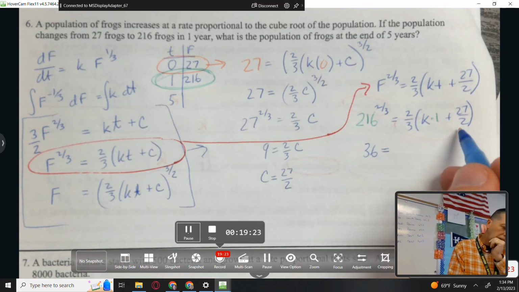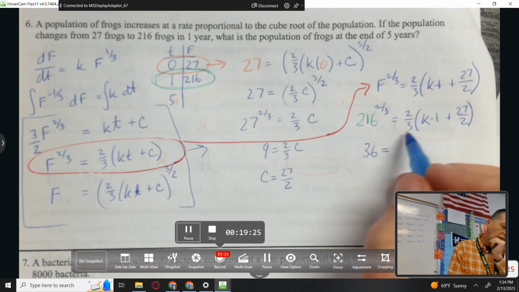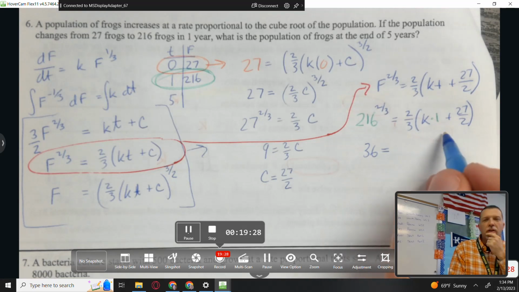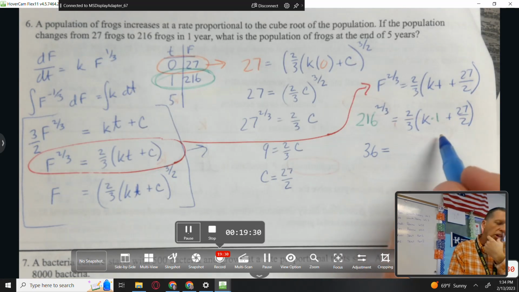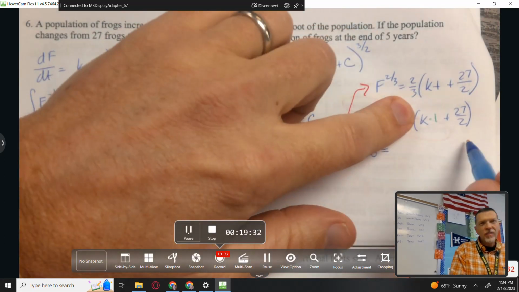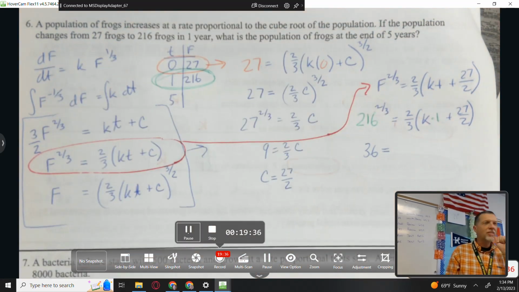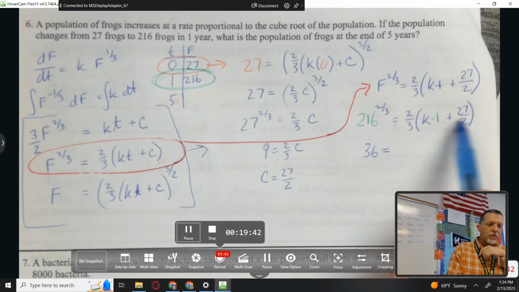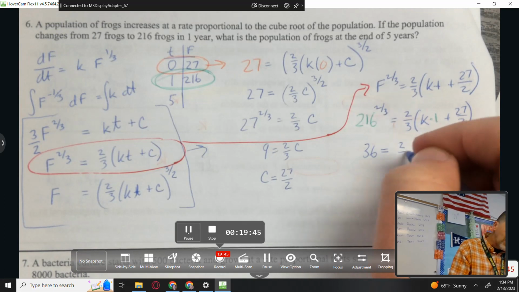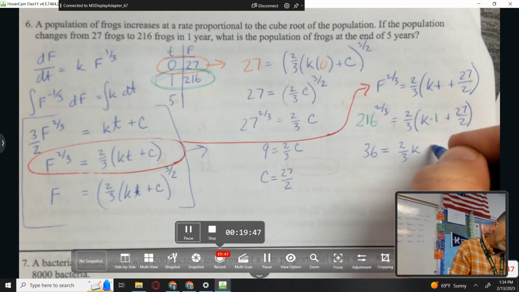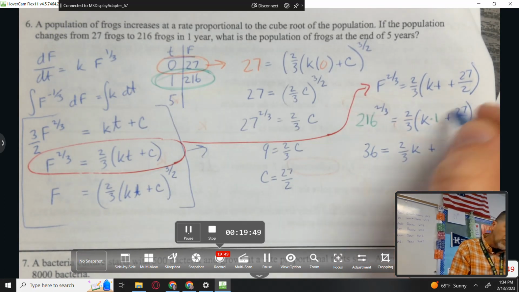I'm trying to think which way is the best algebra situation. Do you want to add K and 27 over 2, or do you want to distribute the 2/3? I know my answer. I would distribute because 2/3 and 27/2 is going to work out nicely. The 2's cancel. 27 over 3 is 9.